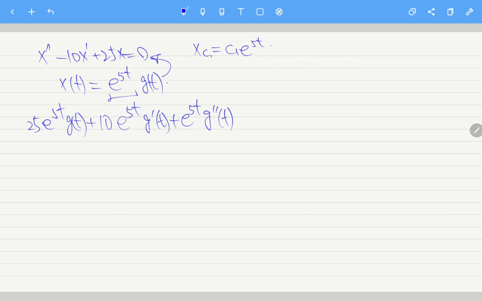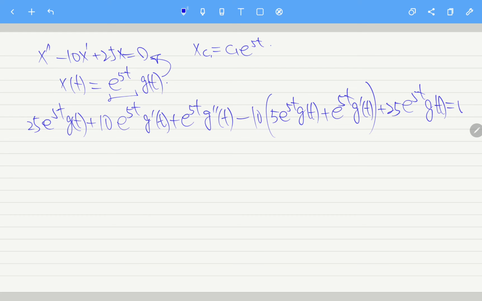So this is the second derivative of x of t, and then minus 10, and then here we have the first derivative, which is 5 exponential to 5t g of t plus exponential to 5t g prime of t, and then plus 25 exponential to 5t g of t equals 0.